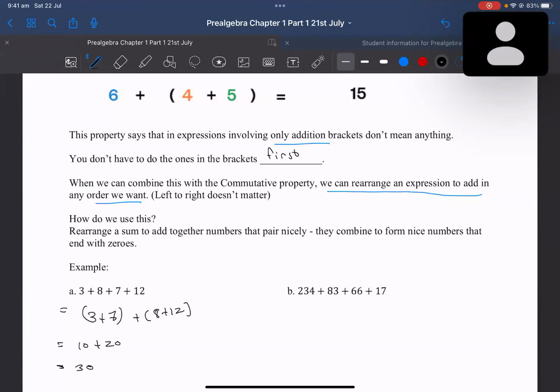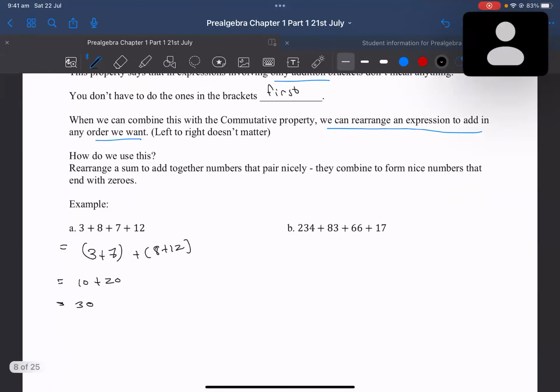It'll still be pretty easy because it's one-digit addition, but this will just be easier by rearranging it. So this is the example we saw at the start. For this example, we can rearrange it to get 234 plus 66 first. And then we also rearrange to pair 83 and 17 together. Then we add them up and end up with 300 plus 100, which is 400.